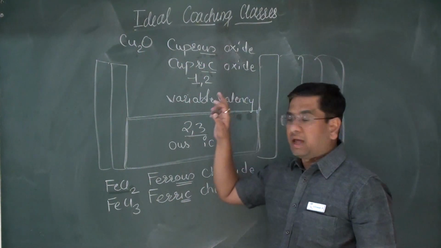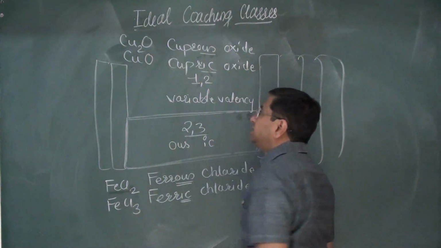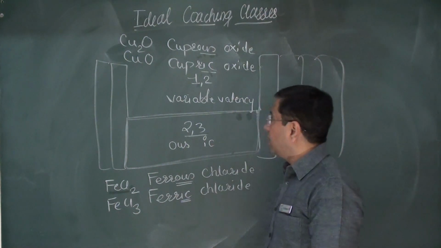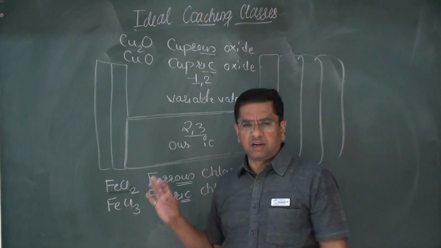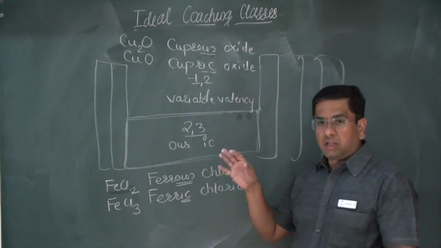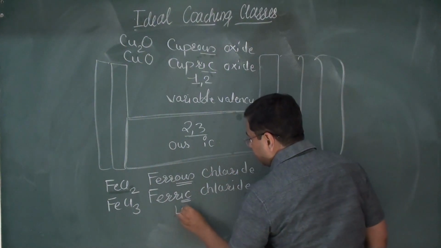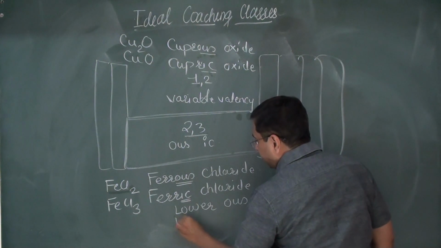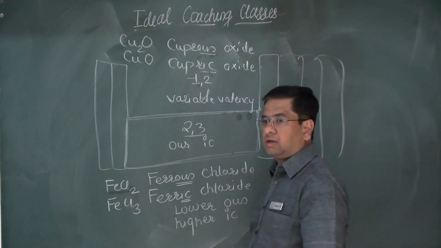On the other hand, cupric oxide has the formula CuO. So what is very significant is that the lower valency is OUS valency and the higher valency is the IC valency.